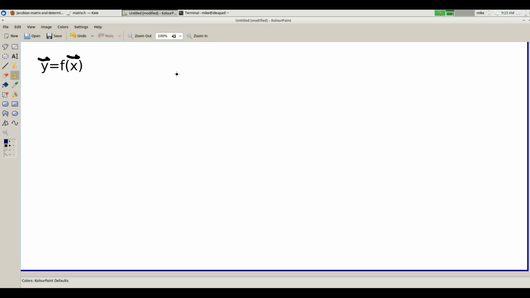You could fill a whole matrix with the partial derivative of y sub 1 with respect to the partial derivative of x sub 1, right?